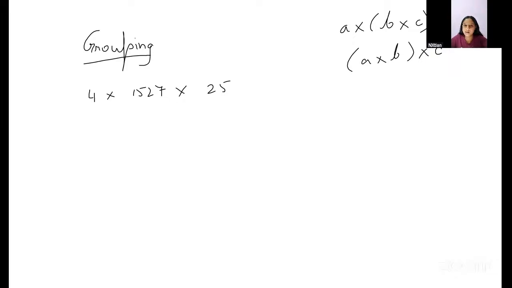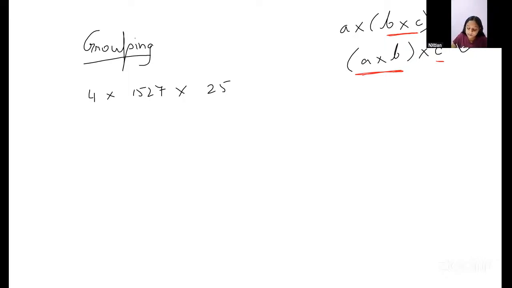Look on the board, please. There are two methods to group. Either you group the second and third number together and then multiply the answer with the first number, or you can group the first and second number together and multiply the answer with the third number. You can follow any method.